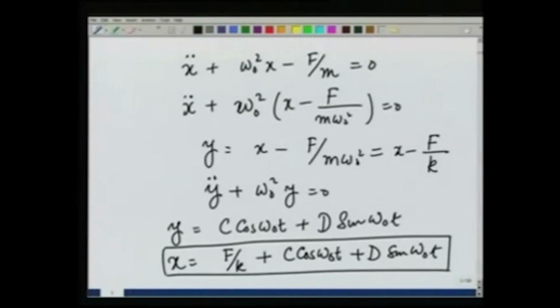So, all that is happening is x has a constant shift and then it is oscillating about that point.